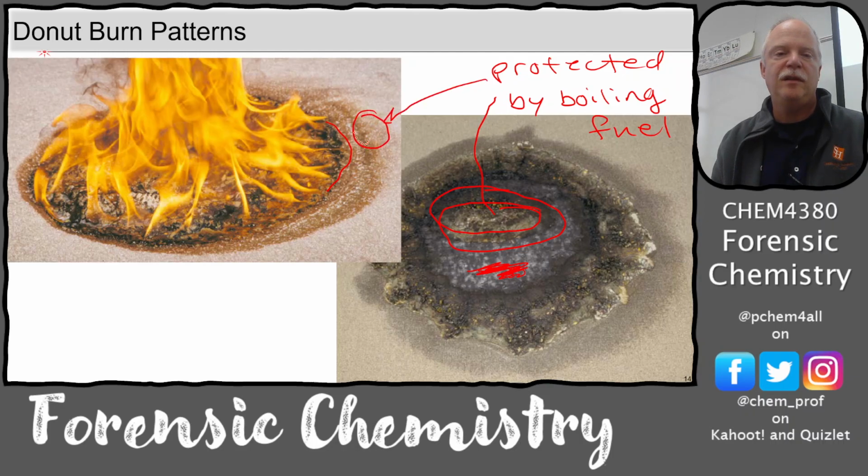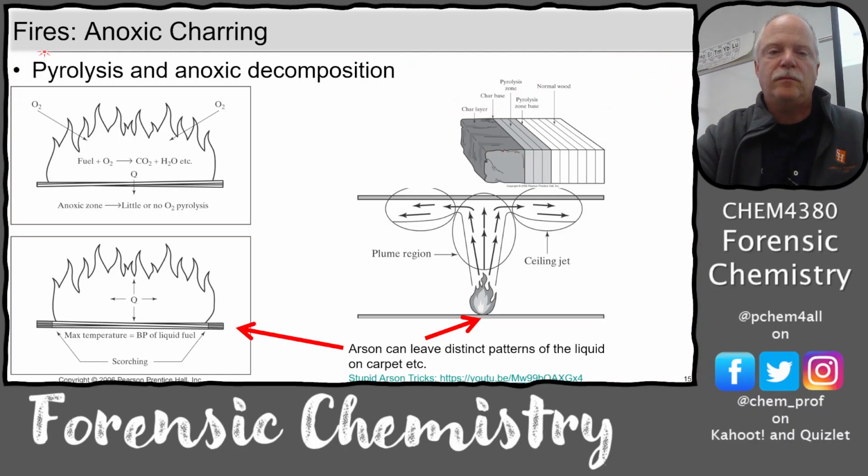And so sometimes if for whatever reason it's put out before the place completely gets involved, then there'll be fuel here and fuel there, and you will have an ironclad case of arson. Somebody dumped fuel in the carpet, and you were able to even tell what kind of fuel it was. It was diesel, it was gasoline or something like that. So that's a dumb way to do arson.